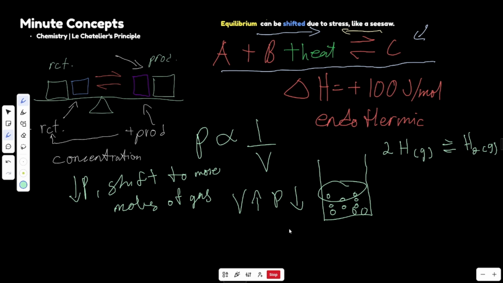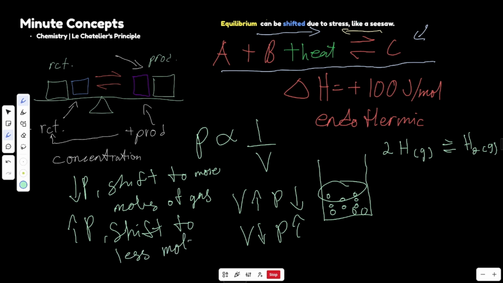So that means at higher pressure and lower volume, we're going to have more of the product, or rather more of the side with fewer moles of gas. So higher pressure means shift to fewer moles of gas. And that's it.